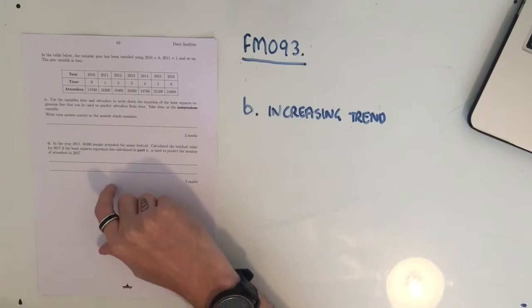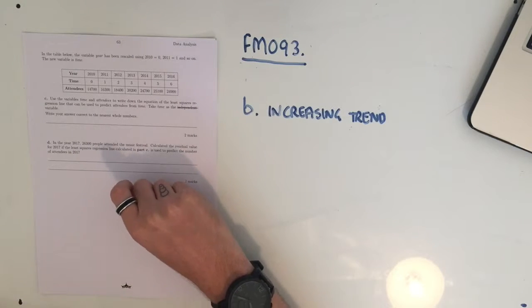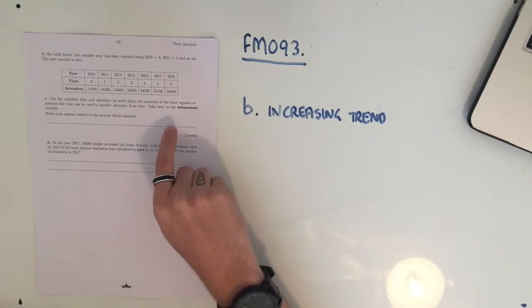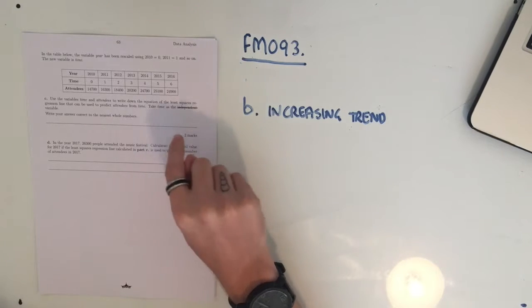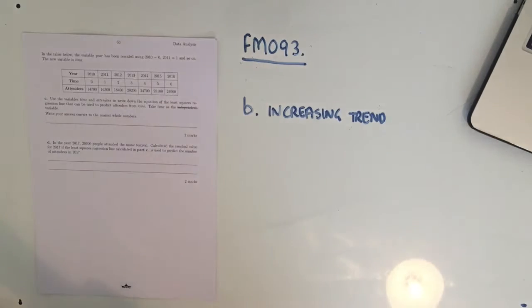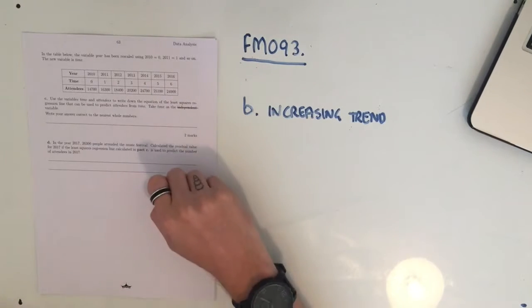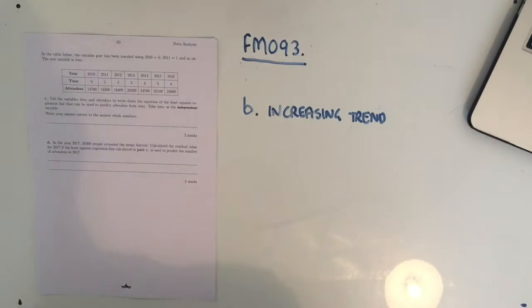Use the variables time and attendees to write down the equation of the least squares regression line that can be used to predict attendees from time. Take time as the, I've crossed out independent here because it should be explanatory, we've written in the wrong word. So take time as the explanatory variable. Write your answer to the nearest whole numbers.